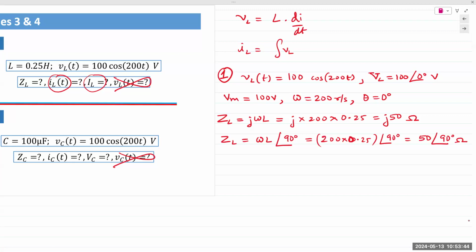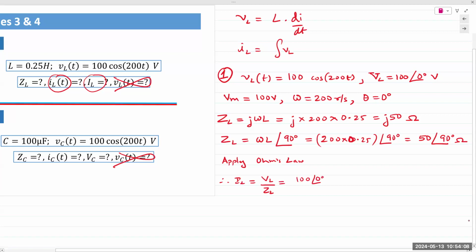Then you simply apply Ohm's law. You can perform the integration if you want, but you can simply apply Ohm's law. So I can write IL is VL over ZL. So phasor for VL is 100, angle of 0.